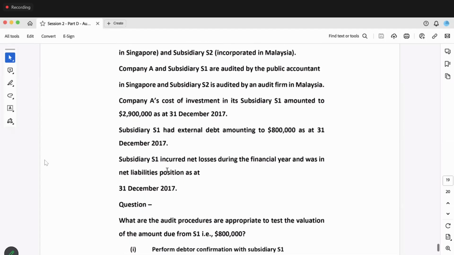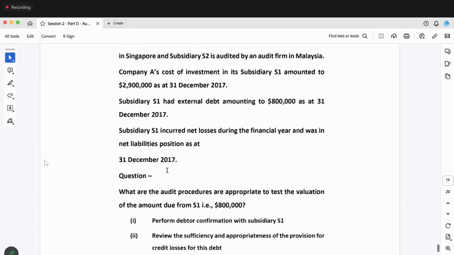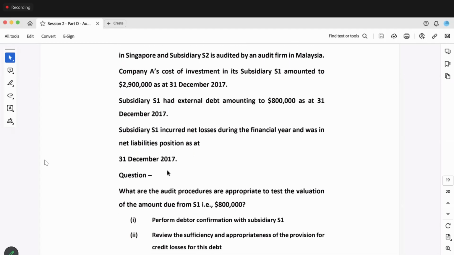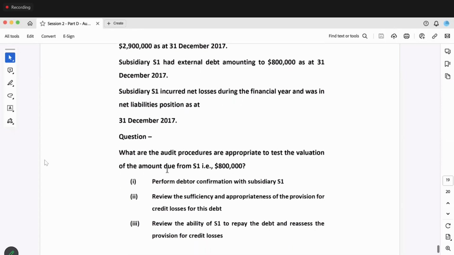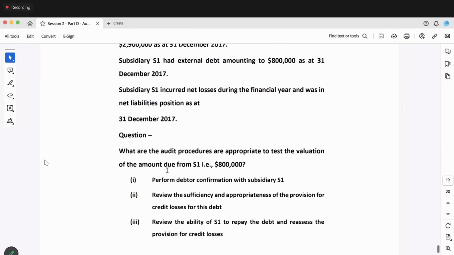S2 is audited by an audit firm in Malaysia. A has a cost of investment in S1 amounting to 2.9 million, and S1 has external debt amounting to 800,000 as at 31st December 2017. S1 incurred net losses during the financial year and was in a net liabilities position as at 31st December 2017. What audit procedures are appropriate to test the valuation of the amount due from S1, 800,000?